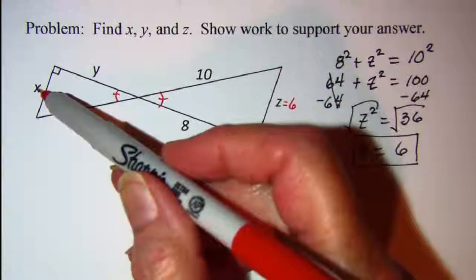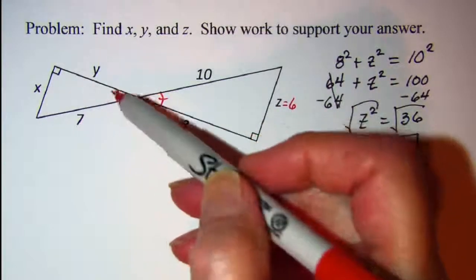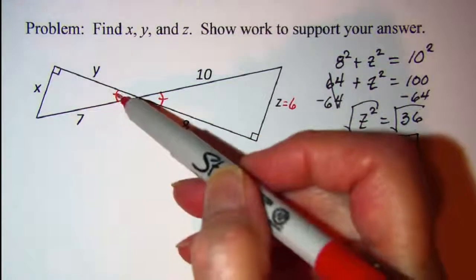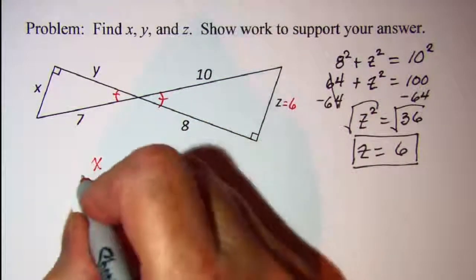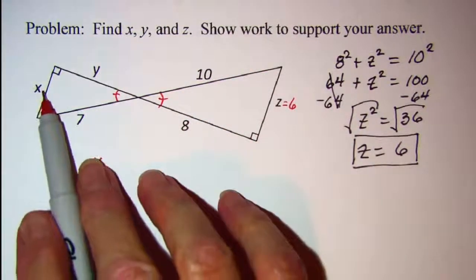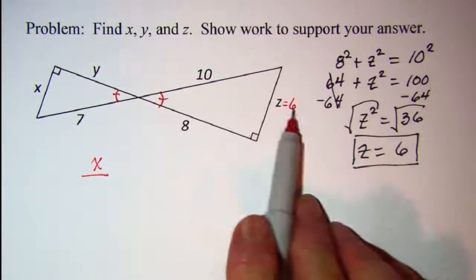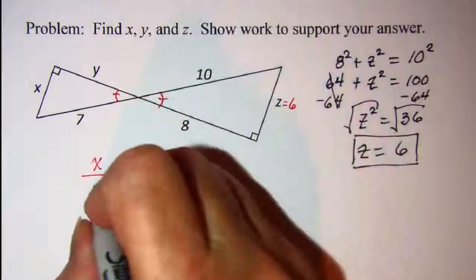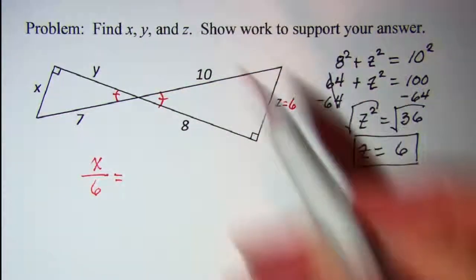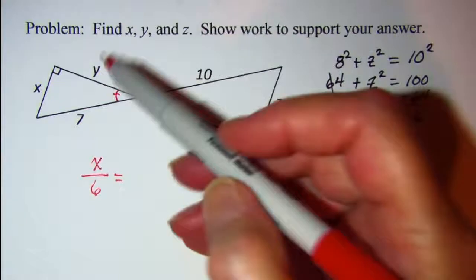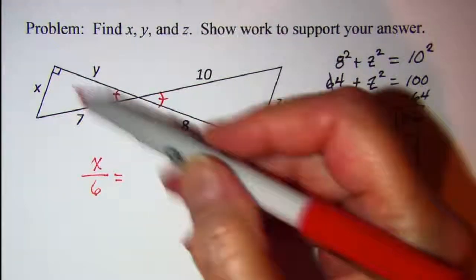We'll go with side x first here. It's the side across from the single notched angle. So we can say that x is in proportion to z, which is 6. And then let's do the hypotenuse next.